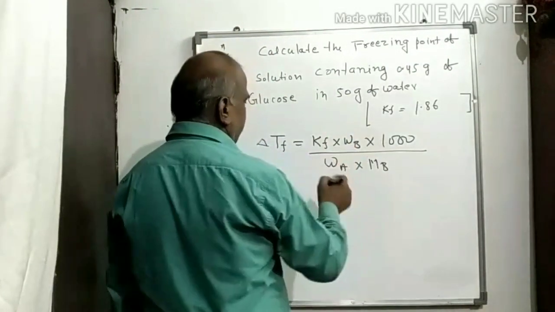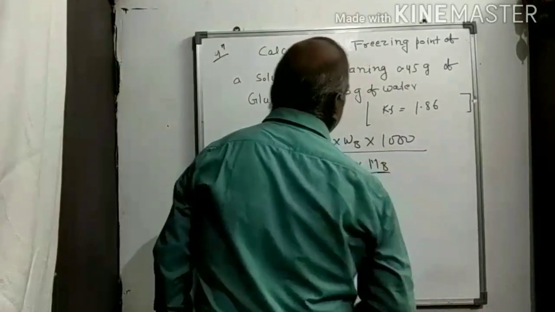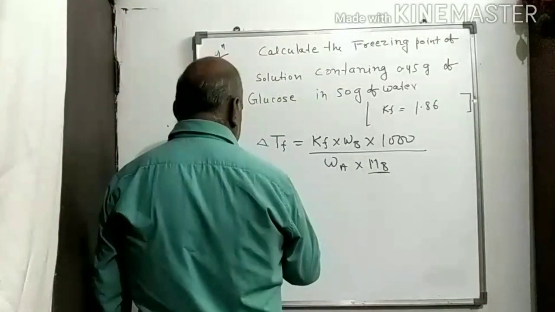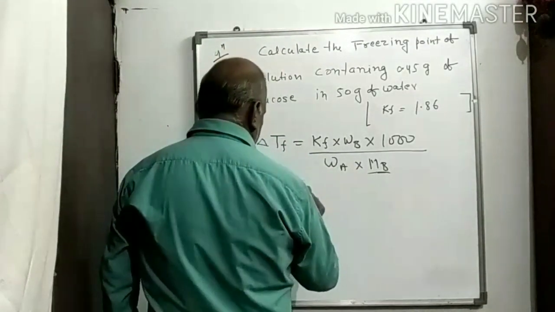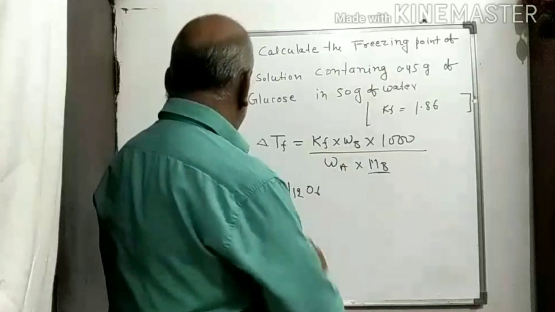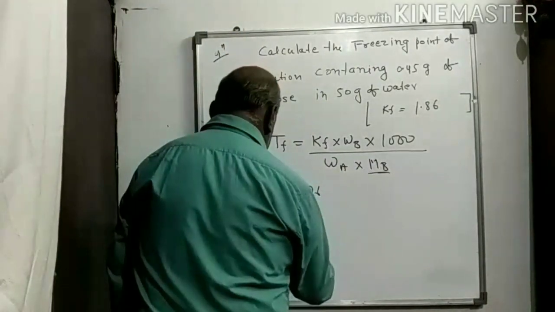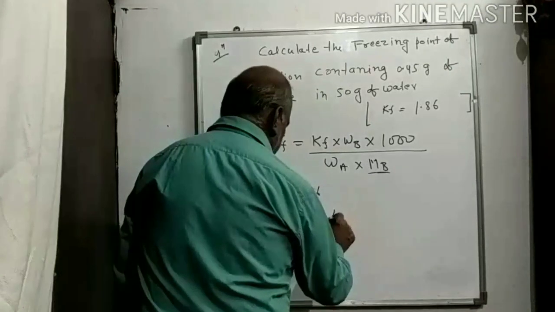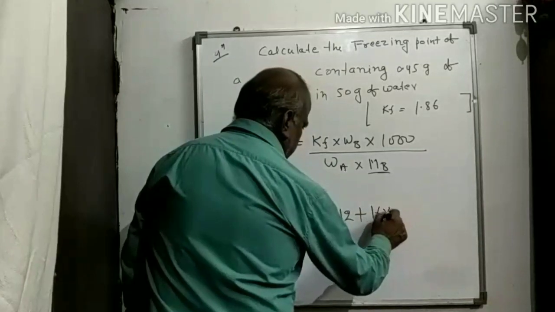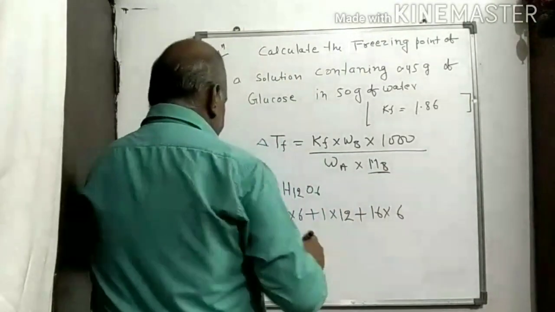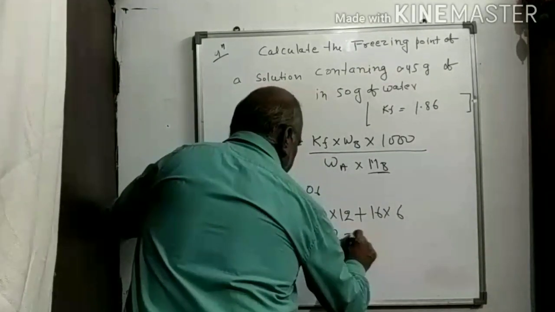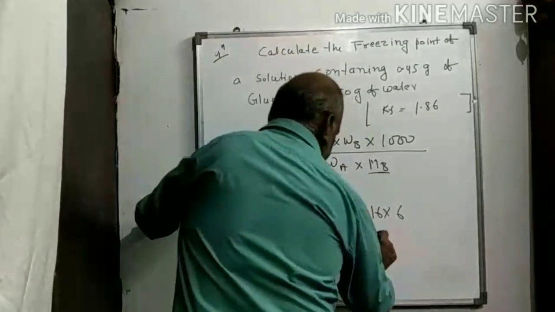So at first we have to calculate the molar mass of the given compound, that is glucose. The formula of glucose is C6H12O6. The atomic mass of carbon is 12, so 12 into 6 plus 1 into 12 plus 16 into 6, that is 72 plus 12 plus 96.